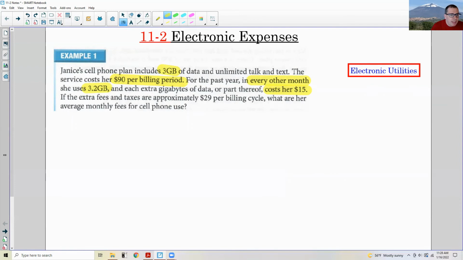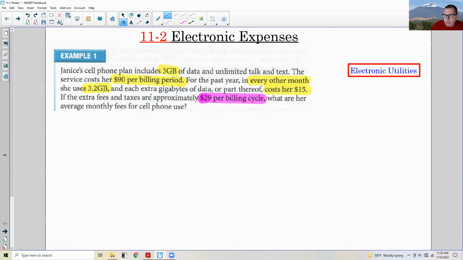So if the extra fees and taxes are approximately $29, okay, so there's always fees and taxes in your bill, and on average those are $29 per billing cycle. It's asking what her monthly fees for her cell phone data are. So if it's on the months that she is not going over her 3 gigs, it is going to be $90 plus that extra fee.